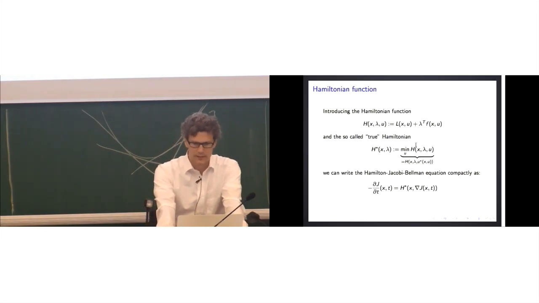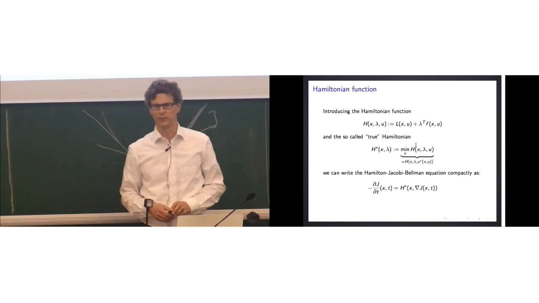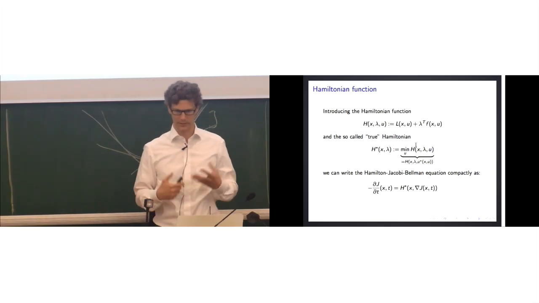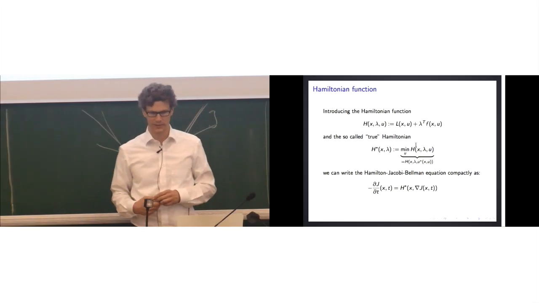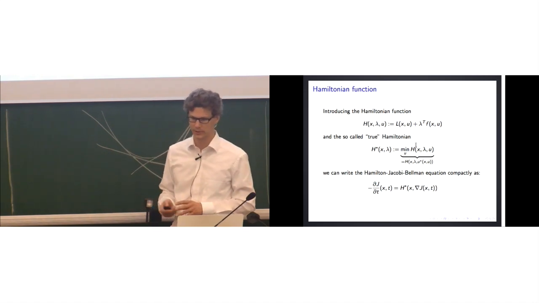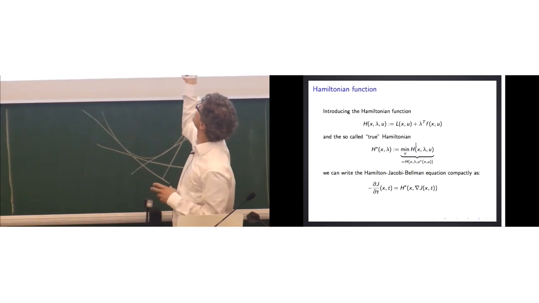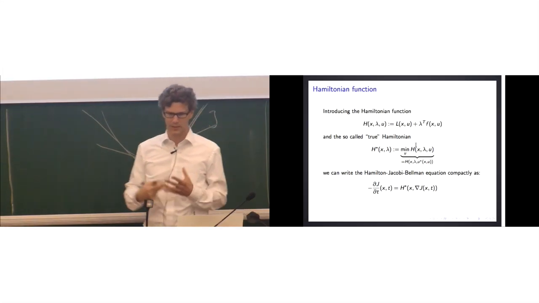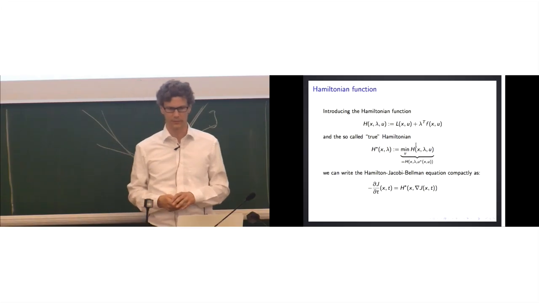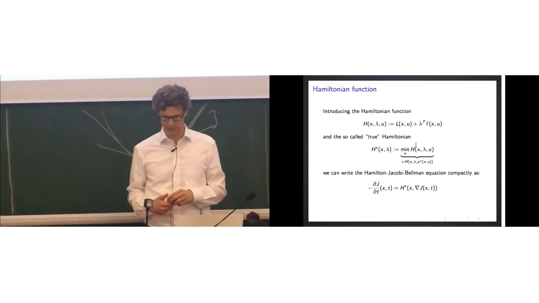Yeah, I already mentioned before that very often people abbreviate by introducing the Hamiltonian function, so I wanted to make you aware of this function. It's something from continuous time optimal control. You take the stage cost, the integral Lagrange term, plus a lambda transpose times f. It gives together a scalar function which depends on x, lambda, and u. And this function is actually depending, as I said, on 3 arguments.